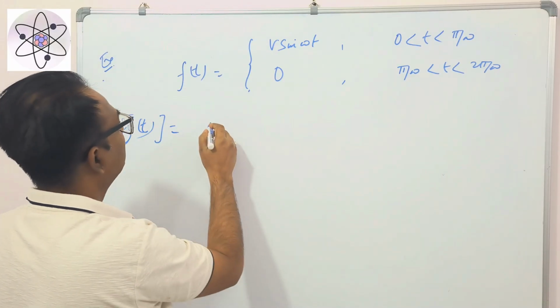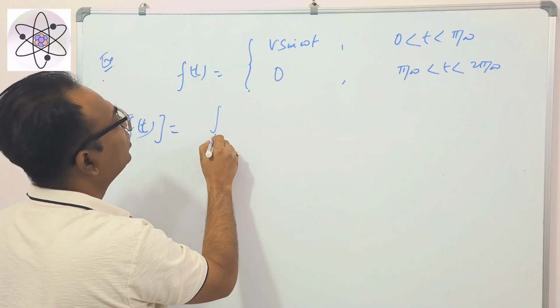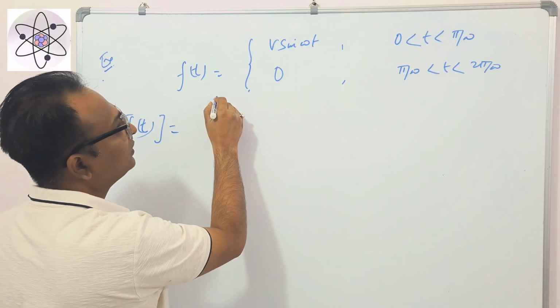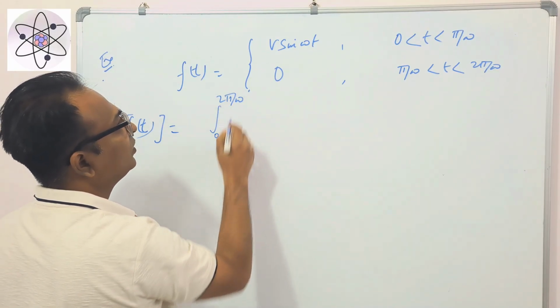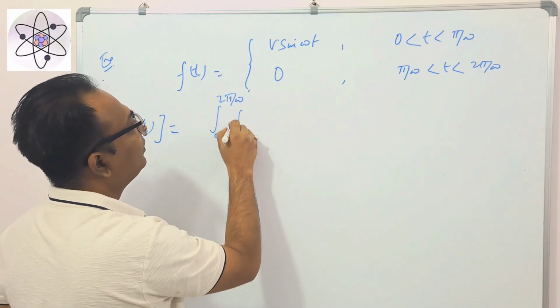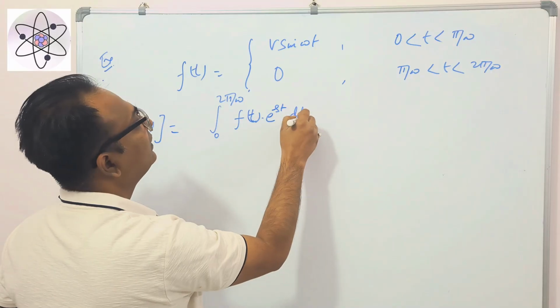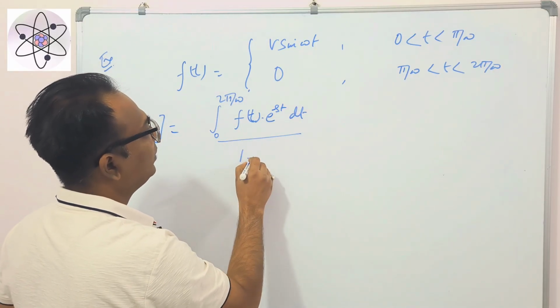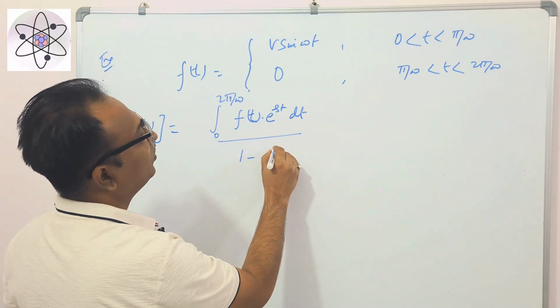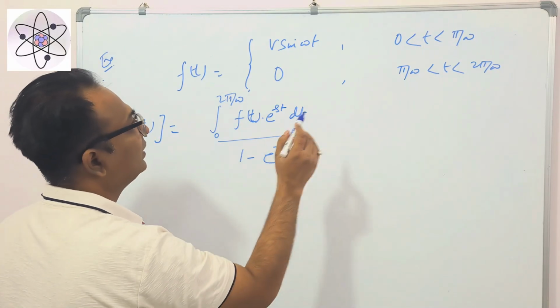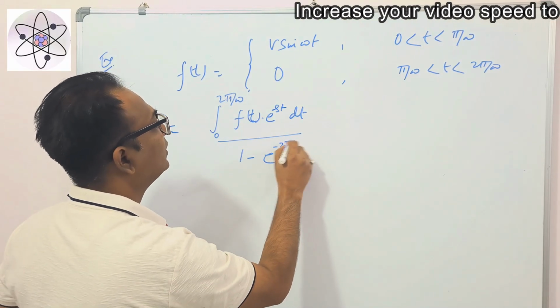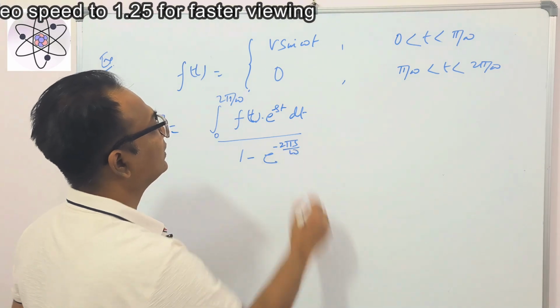This will be the integral from 0 to T, that is 2 pi by omega. First of all, I am writing the whole function: f(t) e to the power minus st dt by 1 minus e to the power minus sT, where the time period is 2 pi by omega. So this is 2 pi s by omega.